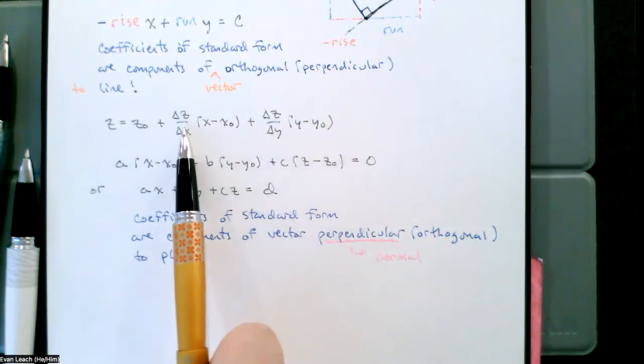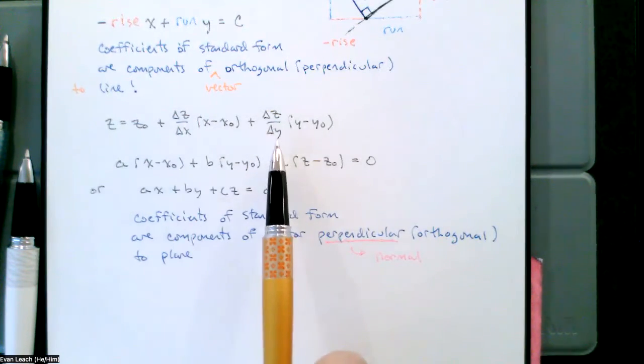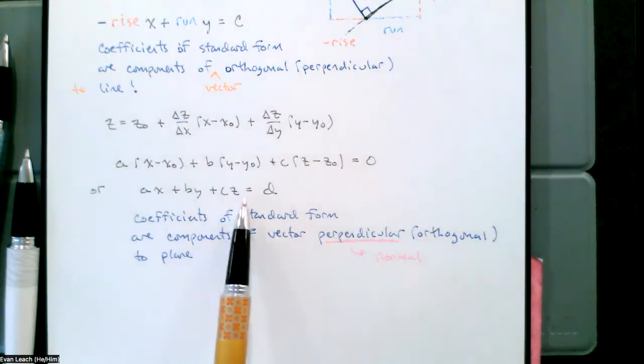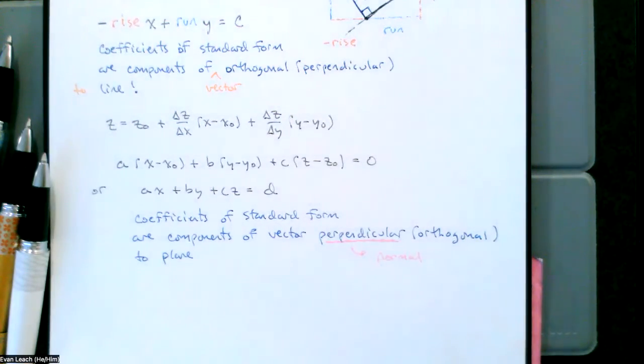If this is a 5, notice that there's also a couple of denominators that we're clearing out, the delta X and the delta Y. So we're multiplying through, changing the coefficient of Z. There are some other changes going on when we start manipulating things with actual numbers. But whatever the coefficients are down here, once all that stuff is sorted out, that will be the components of the normal vector. That's what we want to recognize.